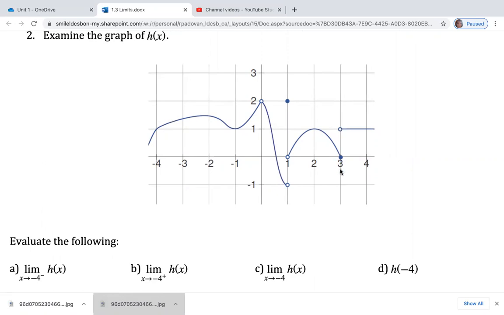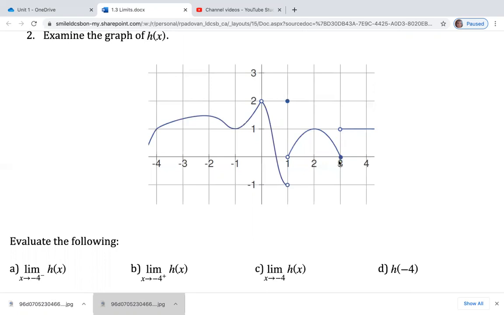As I'm approaching the limit of 3 from the right-hand side, I have to start to the right of the graph and go left, this is the part of my function h of x that I'm following along. And as I'm approaching the value of 3, my y value is actually 1. So it's equal to 1 for n. So m and n don't have the same values. So then my limit as x approaches 3 for o does not exist.